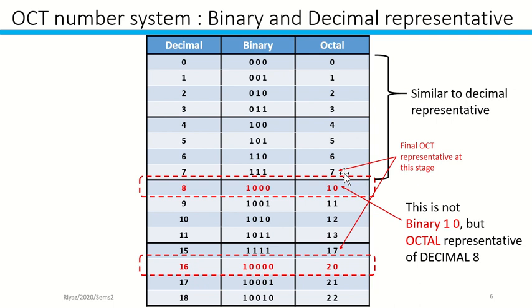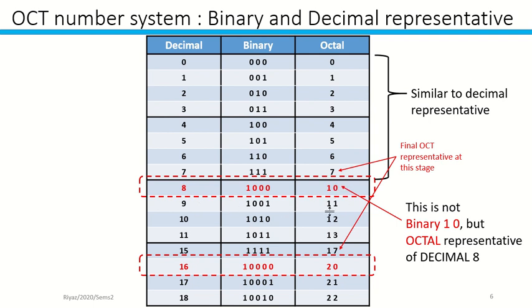Like I mentioned earlier, this is the final octal representative at this digit. For decimal 8, the binary is 1000, but in octal you cannot put 8, you need to put 10. So the number 8 is represented in octal as 10.